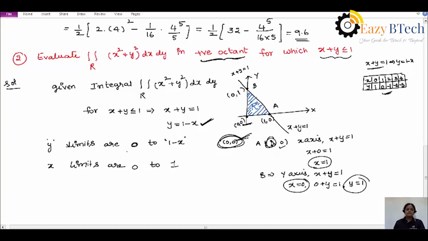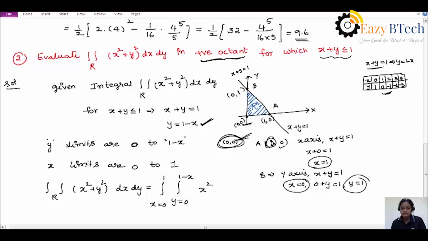So now doing the integration. The double integral of x square plus y square dx dy is equal to, at first writing the y limits 0 to 1 minus x and then the x limits 0 to 1, the integrand function x square plus y square.